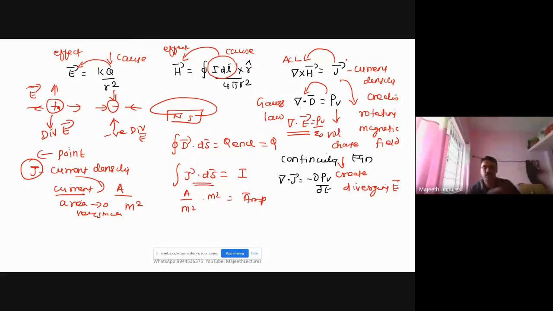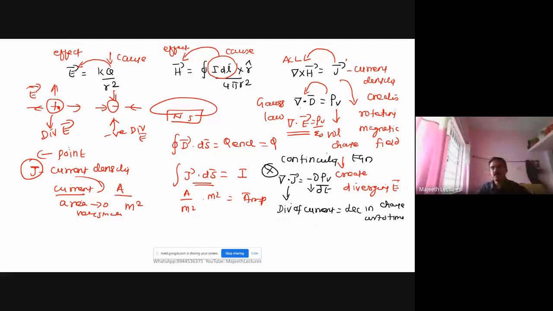Please remember it, because it is used in Maxwell's theory. Del dot J means divergence of current density. Dou rho v by dou t with the negative sign means a decrement, a decrease in charge density with respect to change in time. Dt means change in time.